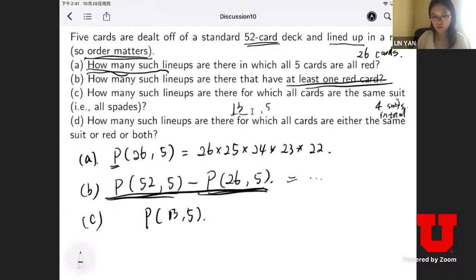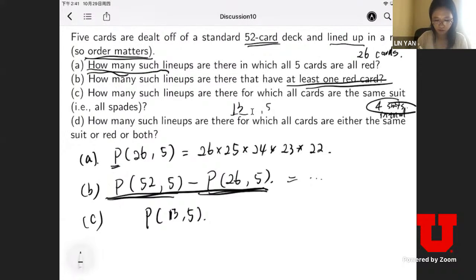Because we have 4 suits. P(13, 5) means that once you choose one suit, you can pick 5 cards from this suit. So we need to times 4 because there are four choices for the suit.